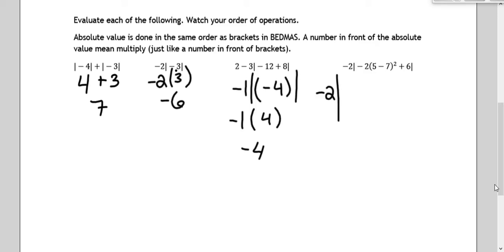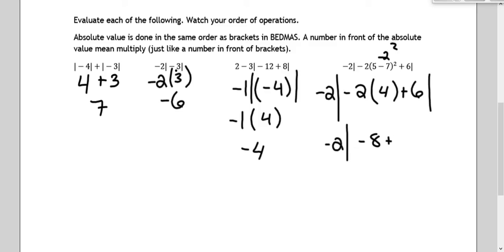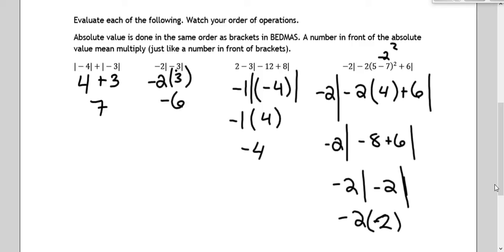I deliberately use large absolute value brackets. -2 bracket, -2 squared gives me 4 plus 6. -2, -8 plus 6. -2, -2. And see, this is why I use such large ones, so I don't mistake them for ones. And then this is 2, so that leaves us with the final answer of -4.